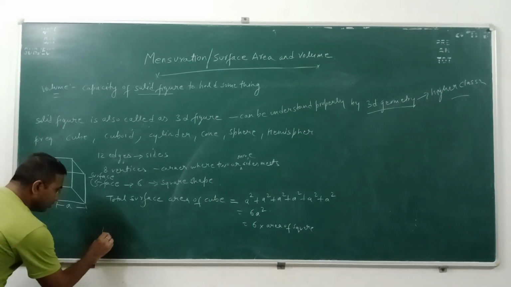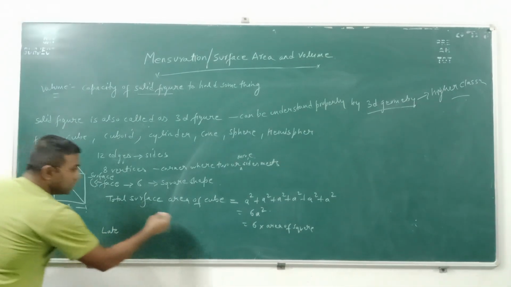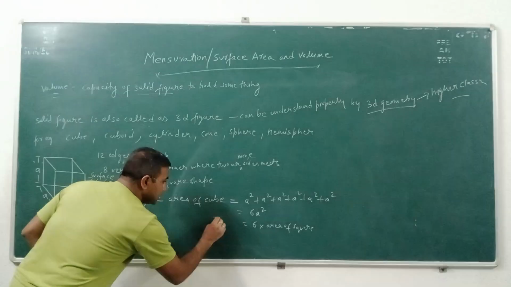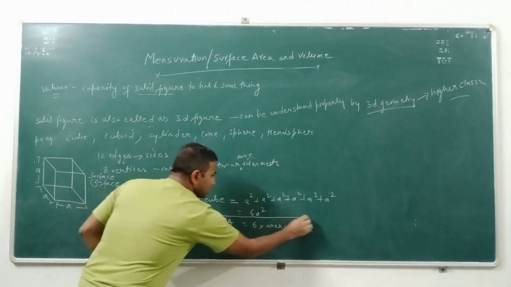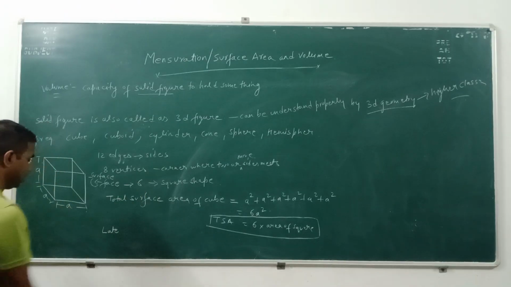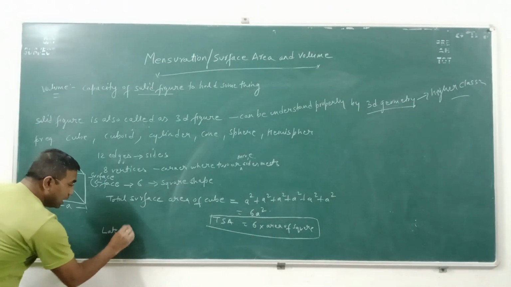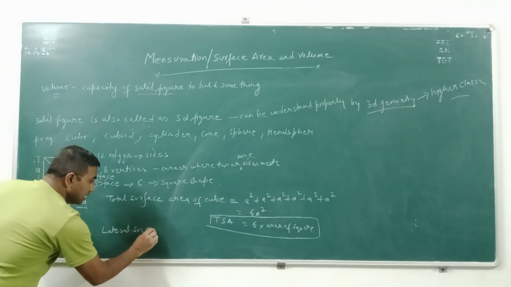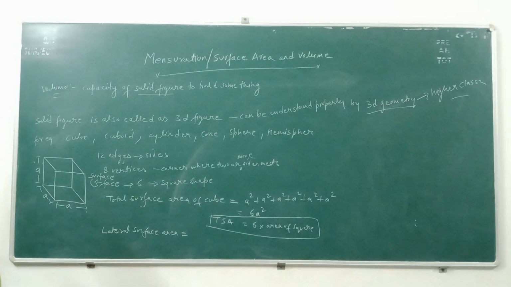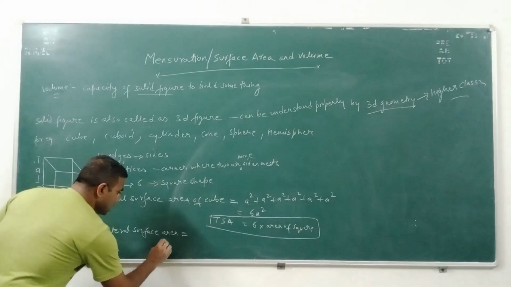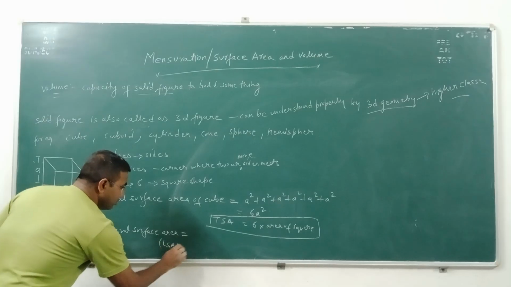Now we will talk about the lateral surface area. TSA is the total surface area, and lateral surface area can also be written as LSA in short form.